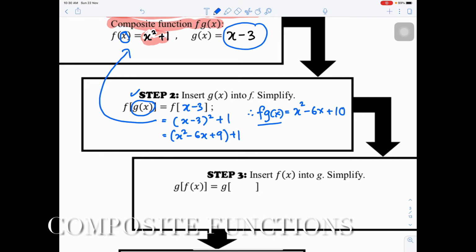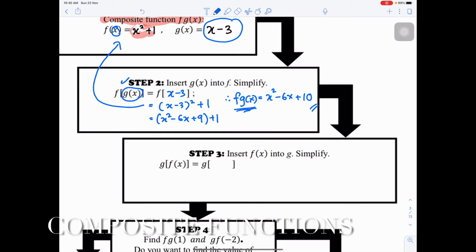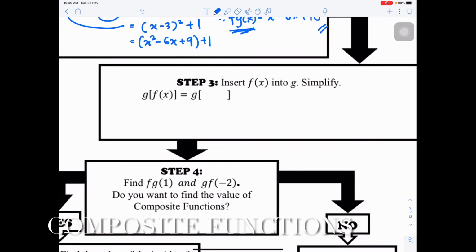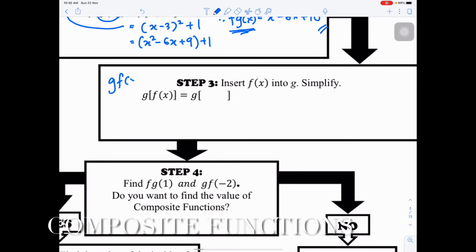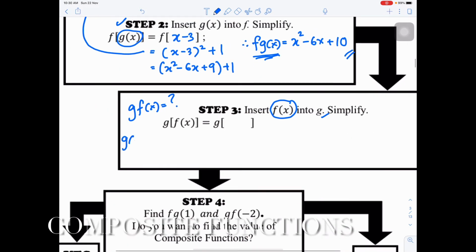Simple as that, and then simplify. So this is the answer for f(g(x)). Now the question asks you to find g(f(x)). So step 3, insert f(x) into g and then simplify. We know that g(x) equals x minus 3, and then substitute f(x) into x.